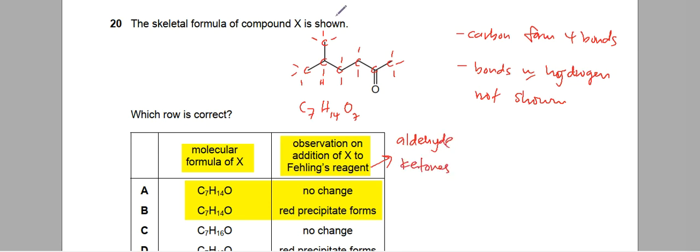We can see that this is a ketone group here, because both sides are carbon, carbon here and carbon here. For an aldehyde, one side is hydrogen and one side is carbon. The aldehyde will react with the Fehling reagent, but the ketones will not react. So in this case we expect no change, so the answer is A.